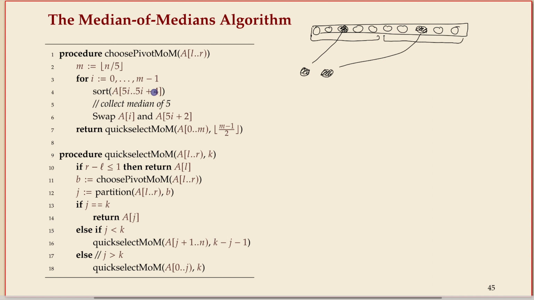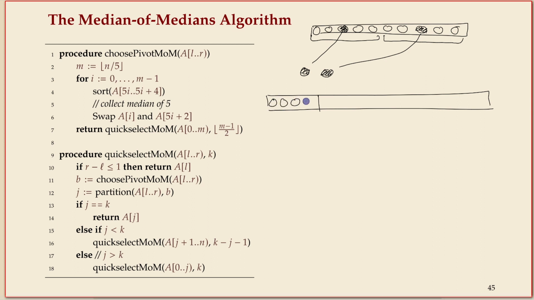That's what this does. We can be generous. It's a small thing, so we just sort that entirely. And then we take the middle element, that's the median of those 5. And we move that to the beginning of the array. So once we're done, we'll have the first fifth filled with all those medians.